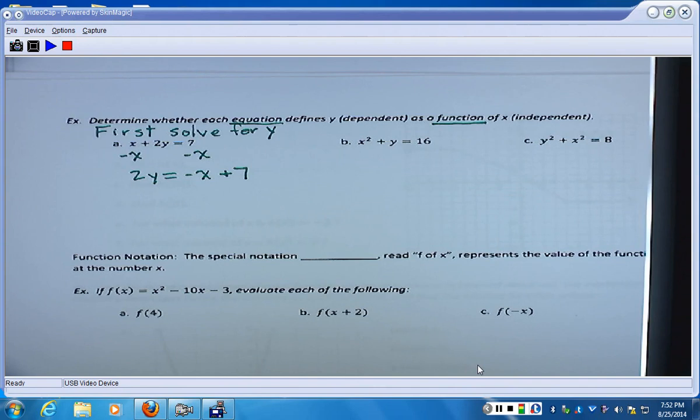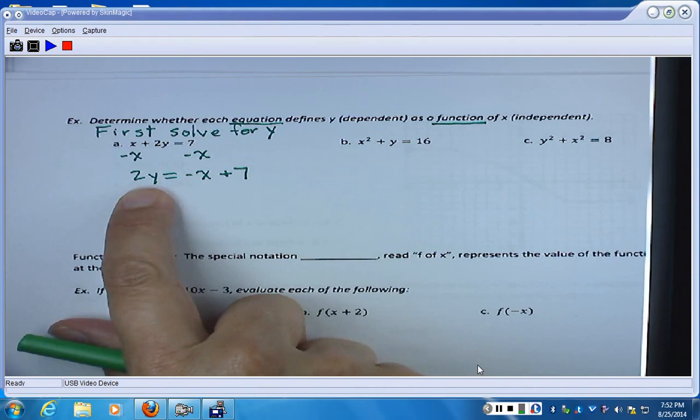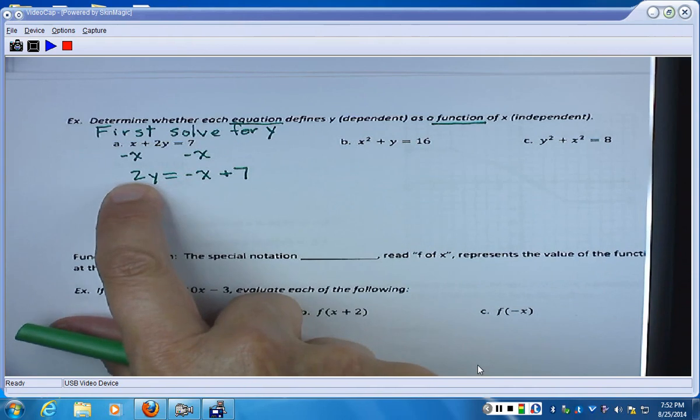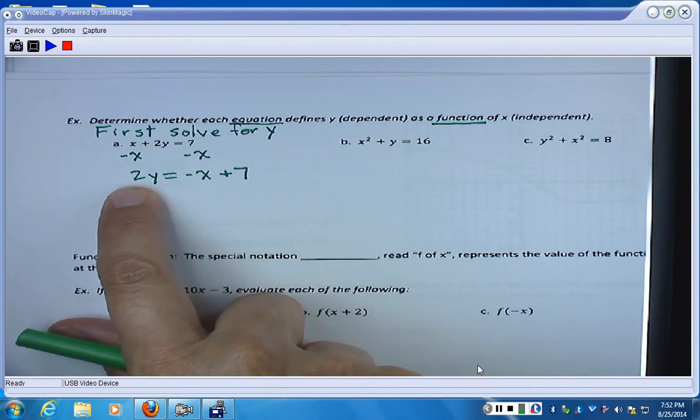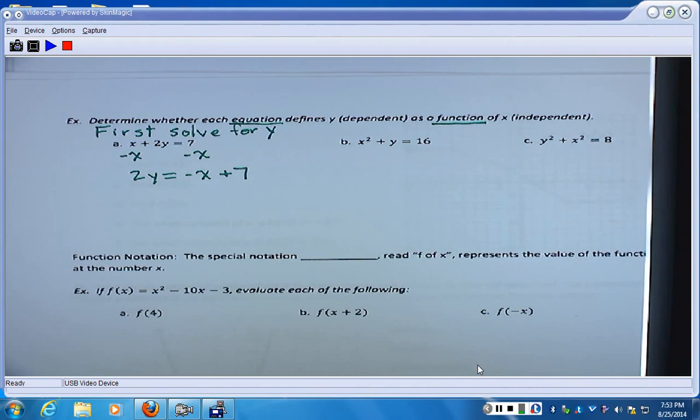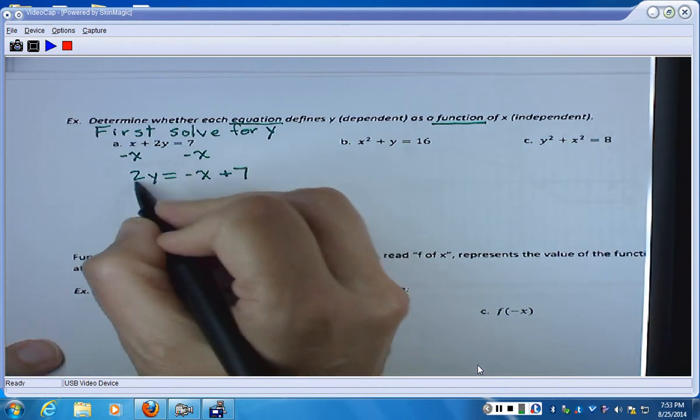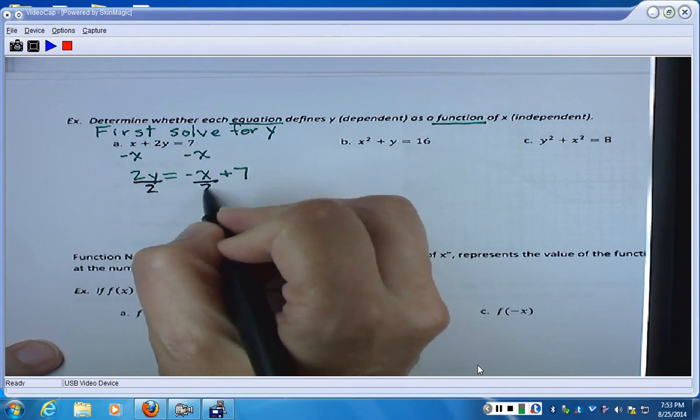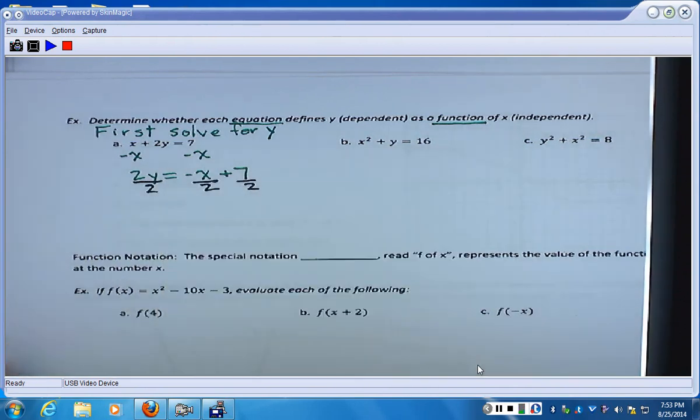So first get the term with y in it by itself on one side of the equation. And then since we're multiplying by 2, we're going to divide each term by 2. So I can either do divided by 2, divided by 2, divided by 2.